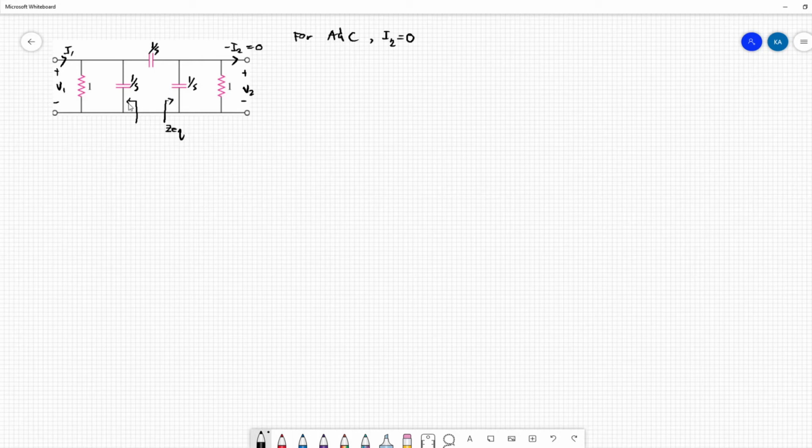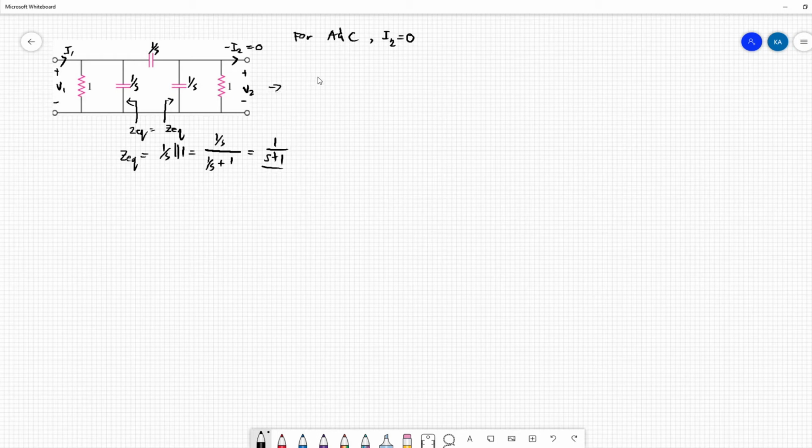If you look at the circuit, these ZEQs are equal because we have 1 in parallel with 1 over S. So ZEQ is just 1 over S in parallel with 1, which is 1 over S over 1 over S plus 1, equal to 1 over S plus 1.